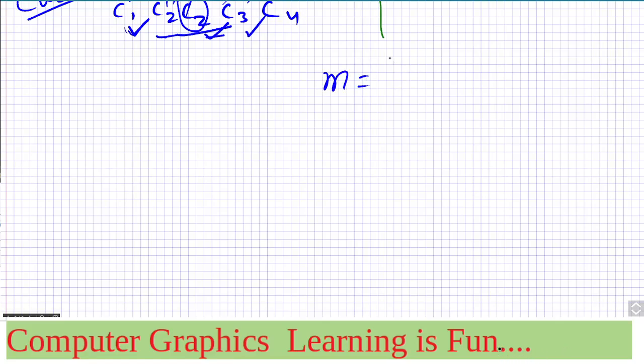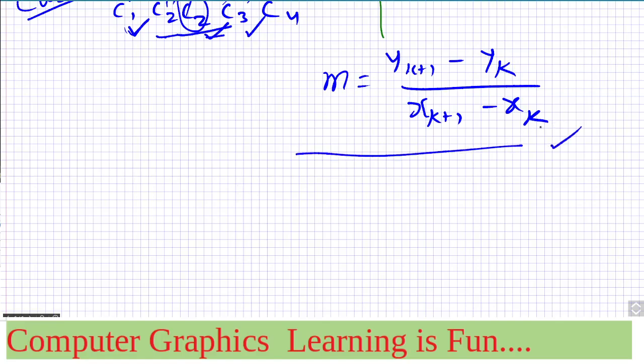Its slope is equal to (yk+1 minus yk) upon (xk+1 minus xk), right? Definitely it is the slope. So having known the slope, what will happen? Incrementally you can calculate this. Now y coordinate, you can understand that y coordinate is changing by 1. Only x coordinate is something that you are thinking about, whether it changes or not.